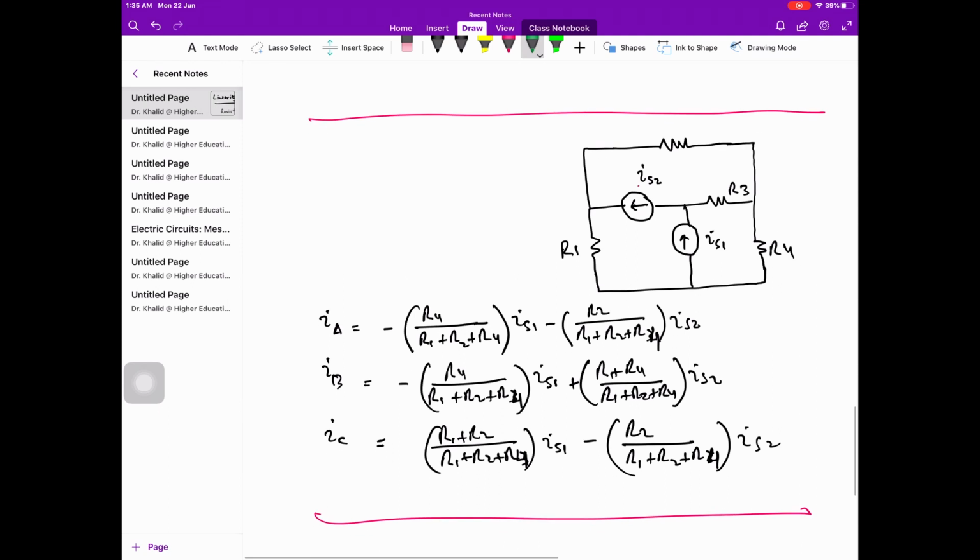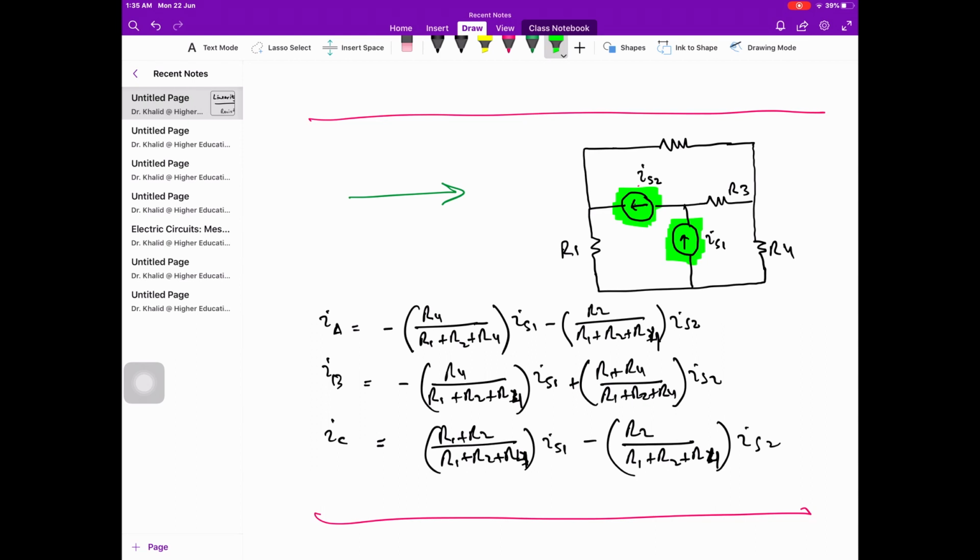Now let us see another example, in which we have two sources, IS2 and IS1.